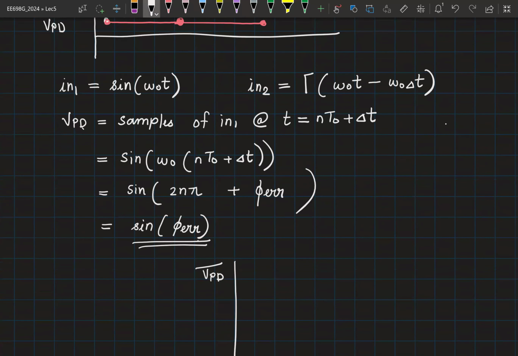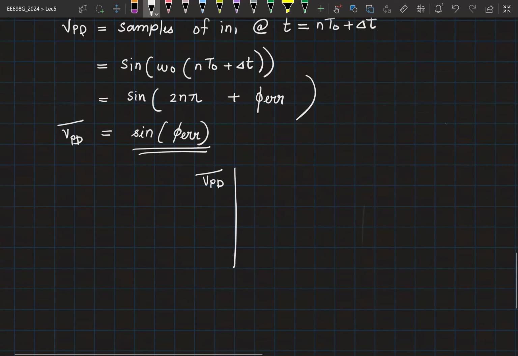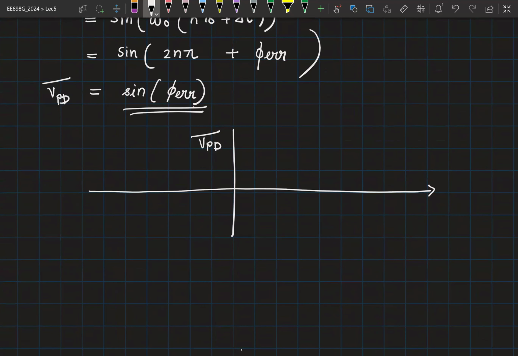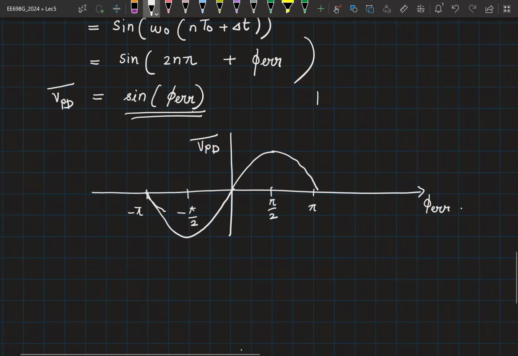Yeah, so this expression is for VPD. What would be VPD average? Same. This is not time varying, it's a constant. What is your KPD?